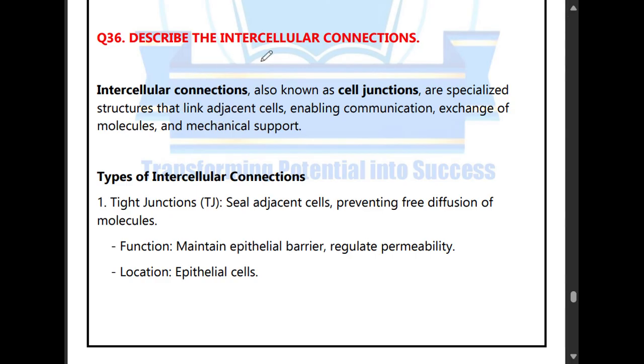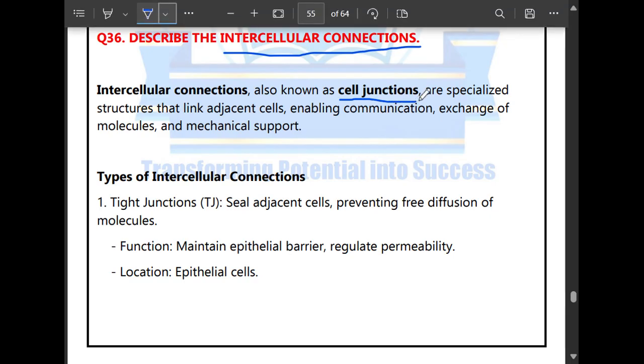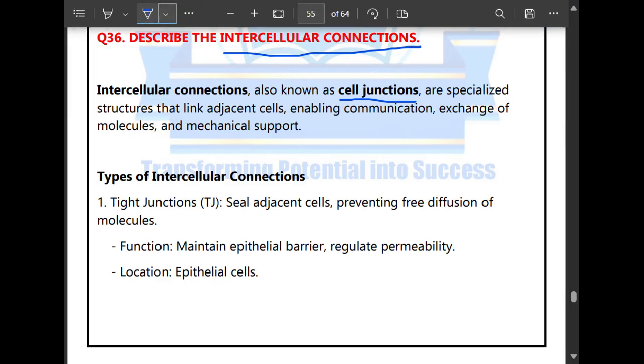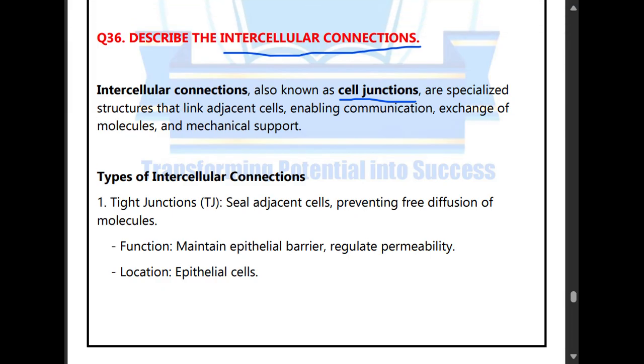So, describe the intercellular connections. Intercellular connections are also known as cell junctions. These cell junctions, I believe you learned, are specialized structures which link adjacent cells. When they link adjacent cells, they enable communication and exchange of molecules, including mechanical support.